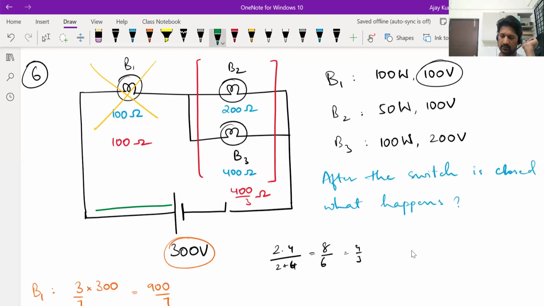You are thinking that current first goes through this resistor, then it goes through the other resistor. It's not like that. Current gets established in the circuit everywhere at once. The moment you close the switch, you will see current flowing everywhere. But if that current is too much, then fusing will take place, and fusing can happen at multiple places at once.